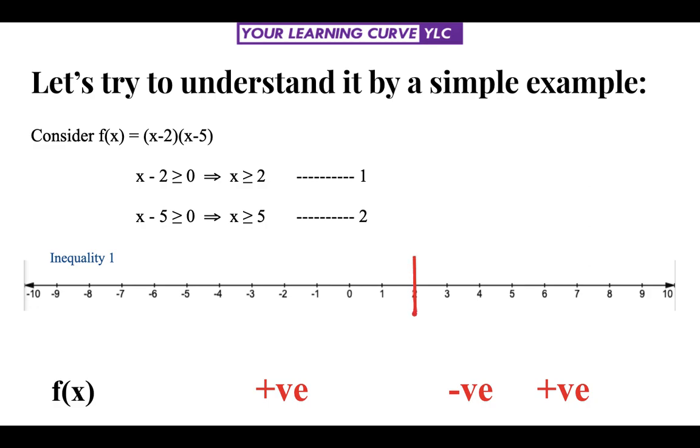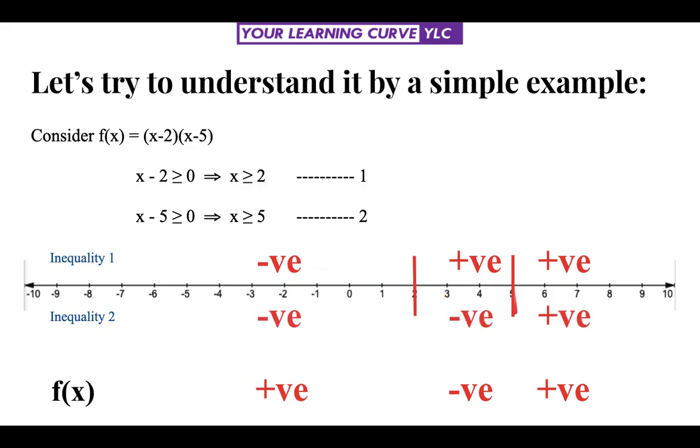So we mark this 2, and we observe that beyond 2, if x is greater than 2, the factor x minus 2 is positive, and below 2, that is if x is less than 2, it is negative, and for x equal to 2, it will be equal to 0. Now let's see inequality 2. X minus 5 is greater than or equal to 0. This changes its sign at 5, meaning if x is greater than 5 then it is positive, and if x is less than 5 then it is negative.